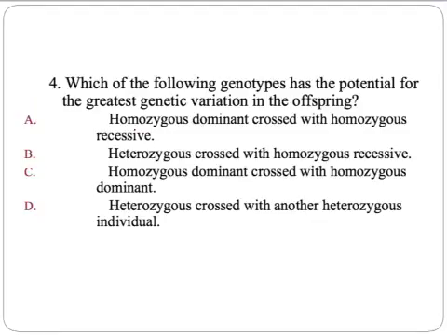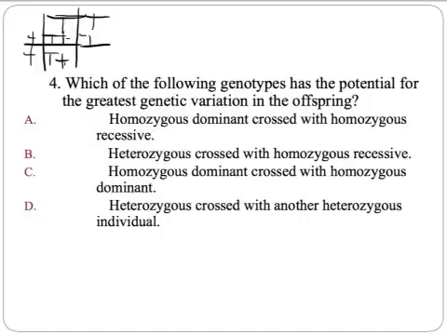Which of the following genotypes has the potential for the greatest genetic variation in the offspring? Homozygous dominant crossed with a homozygous recessive. So let's look at that one. I'm just going to use T's. Homozygous dominant would be two big T's. Homozygous recessive, two little t's. So big T, little t, little t. Big T, little t, little t.